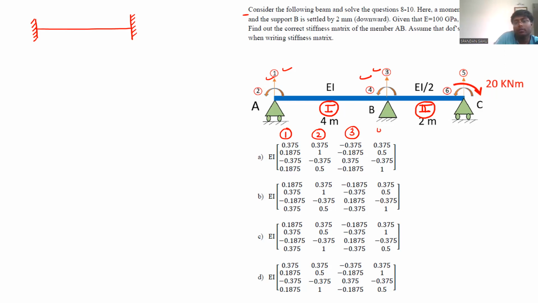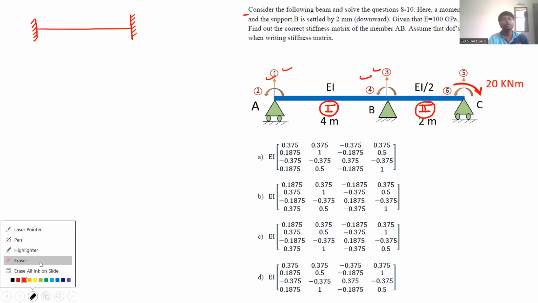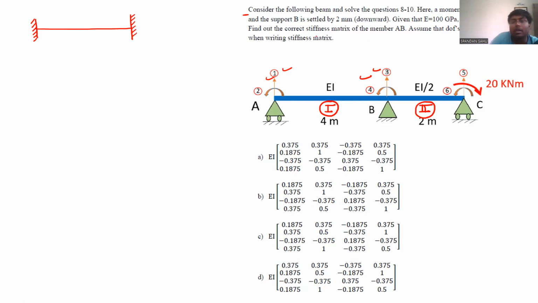I should not write 1, 2, 3, 4 as global, because we need the stiffness matrix for the given member AB, so this will be 1, 2, 3, 4 only.